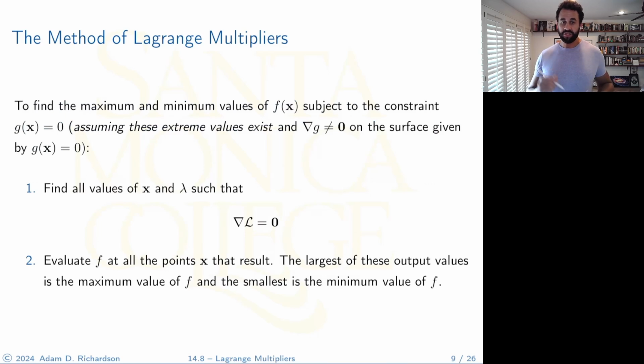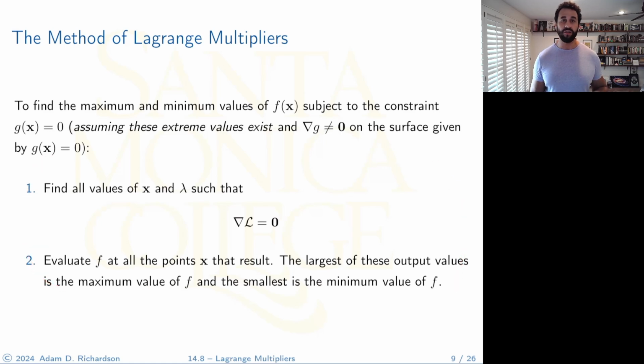Okay, so here is the method of Lagrange multipliers. Here is literally what we're doing with this method: to find the maximum and minimum values of some function f subject to the constraint g of x equals 0, assuming the extreme values exist, and assuming that the gradient of g is not 0 on the surface given by this constraint.